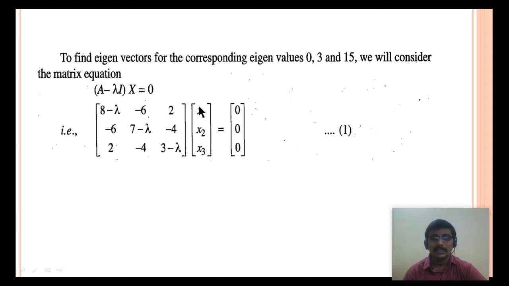X is an unknown matrix, x1, x2, x3, equal to O, the null matrix or zero matrix, 0, 0, 0. Let it be equation number 1. Using this equation, we can find the required eigenvector corresponding to each eigenvalue lambda.